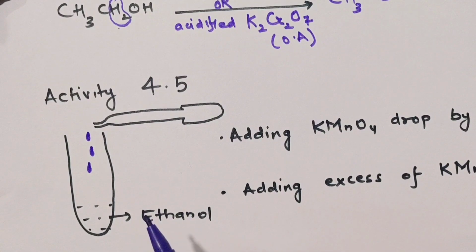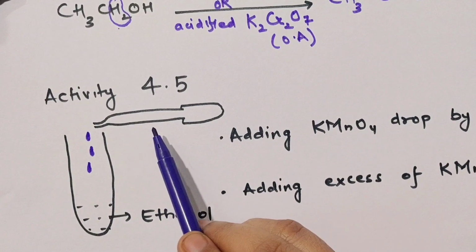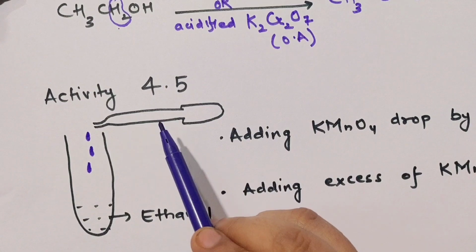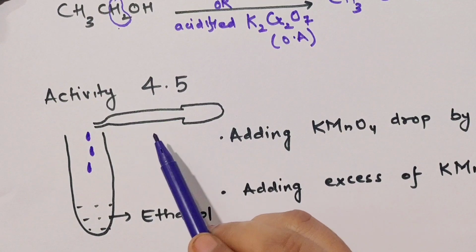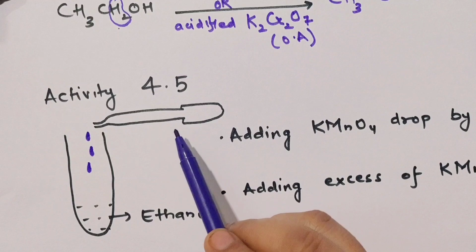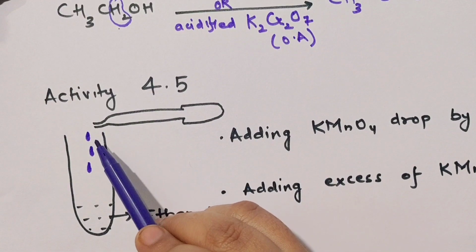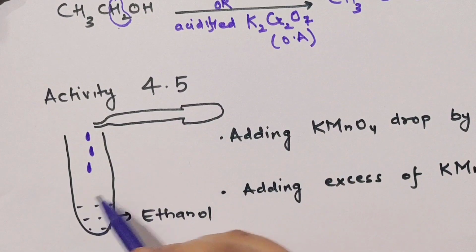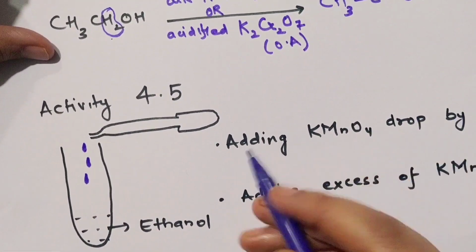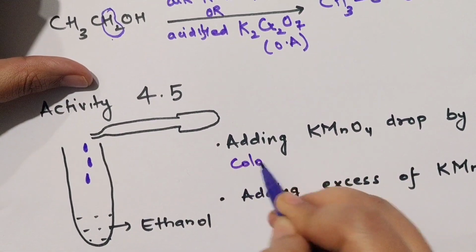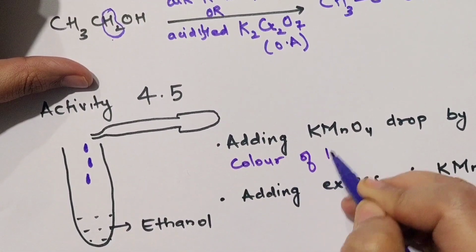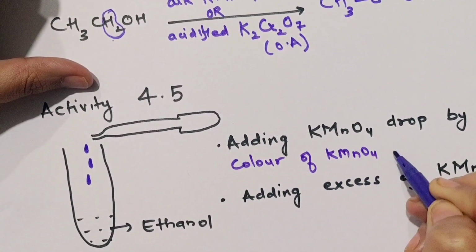If you have an aqueous solution of KMnO4 and you've added a little bit of base in it so that it's alkaline in nature, and you add it drop by drop, the color of KMnO4 would disappear.